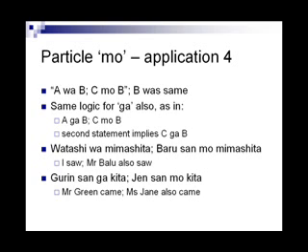Baru-san mo mimashita. I saw and Mr. Baru also saw. With ga, the subject gets the focus. Guriin-san ga kita. Jein-san mo kita. Mr. Green came. Mrs. Jane also came. Or Mrs. Jane came too.